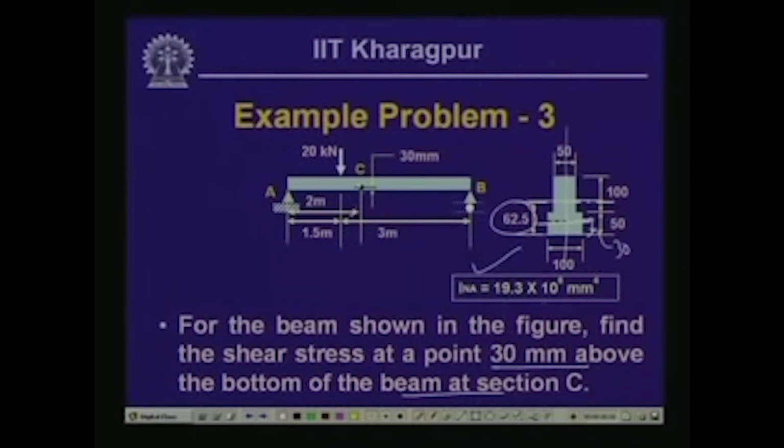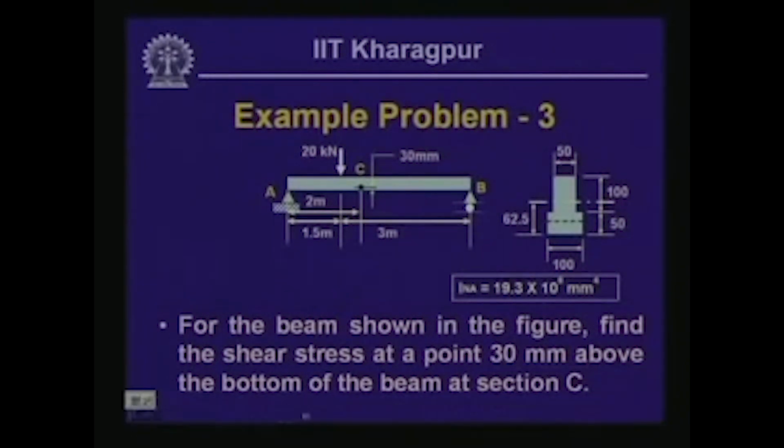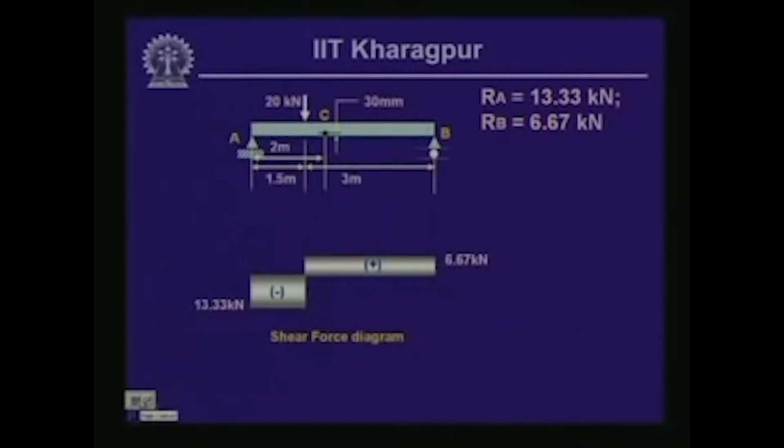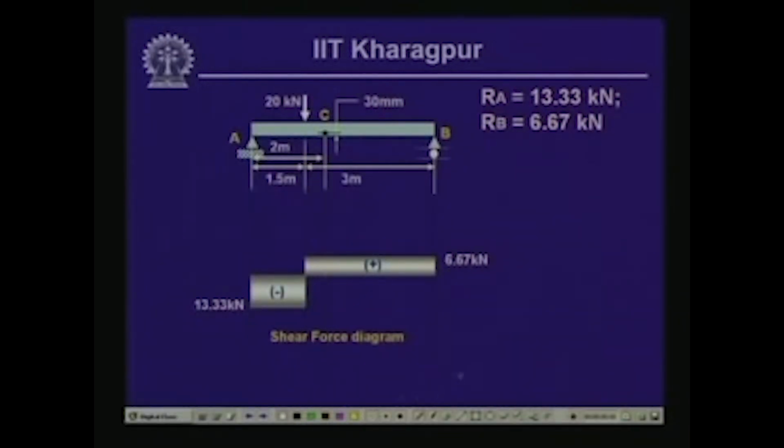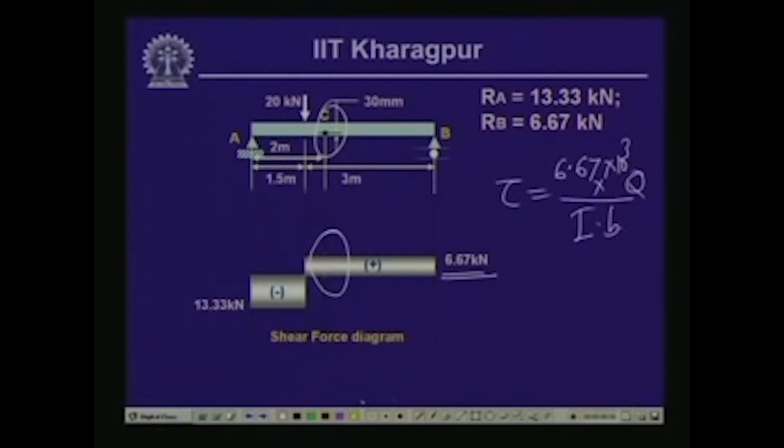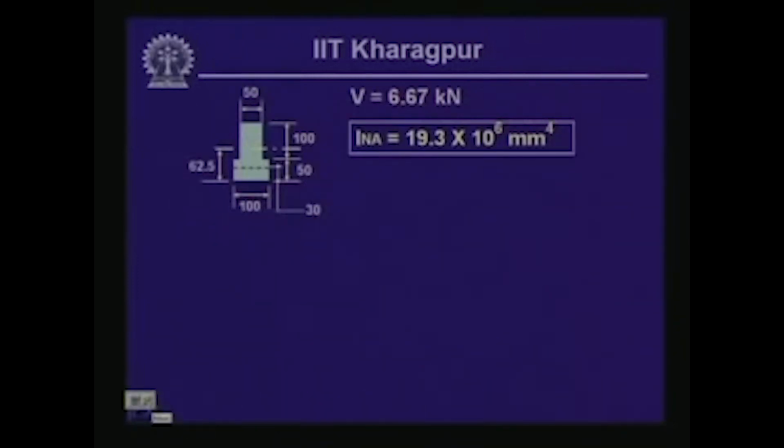Here of course, we need not calculate the bending moment diagram as such, but we can find out the shear force diagram, from which we can compute the value of the shear stress. At this particular location, the value of the shear force is equal to 6.67 kilonewton, and correspondingly the shear stress tau is equal to 6.67 times 10 to the power 3, this is V, times Q by Ib. Now, b in this particular case is equal to 100.